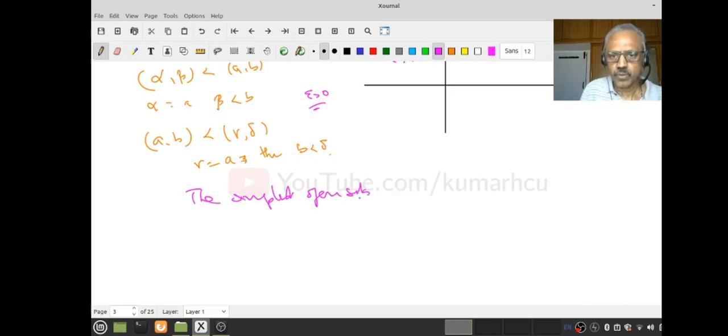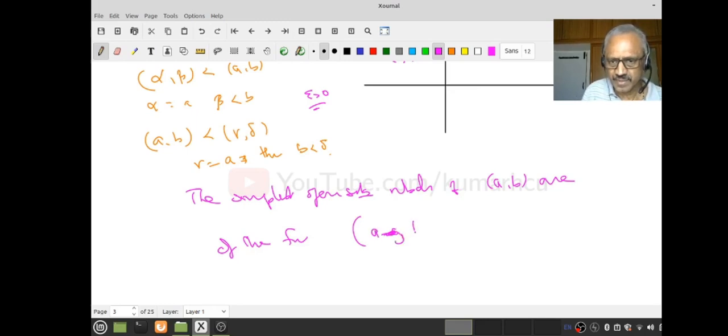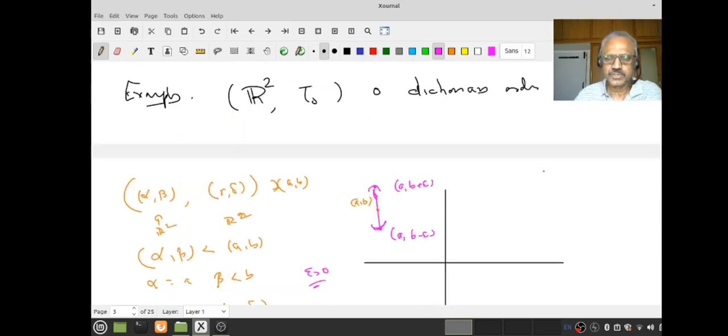So the simplest open neighborhoods of the point (a, b) are of the form the interval from (a, b minus epsilon) to (a, b plus epsilon). But it's easier to look at the picture so that you understand what is happening.